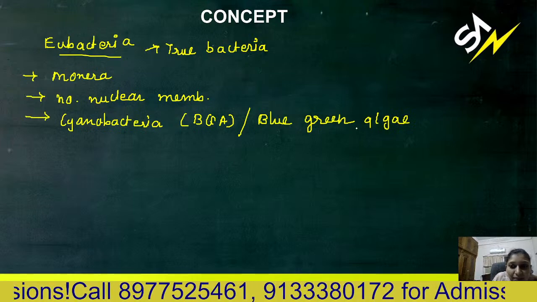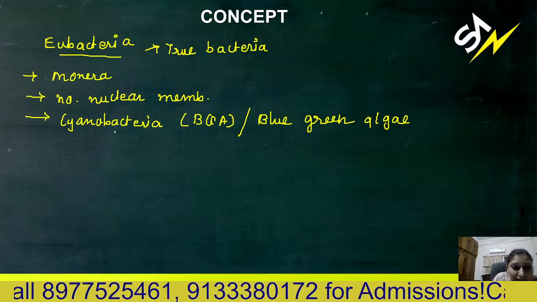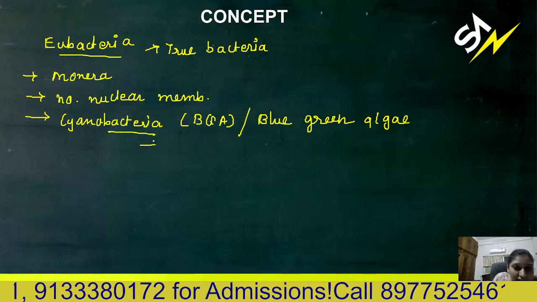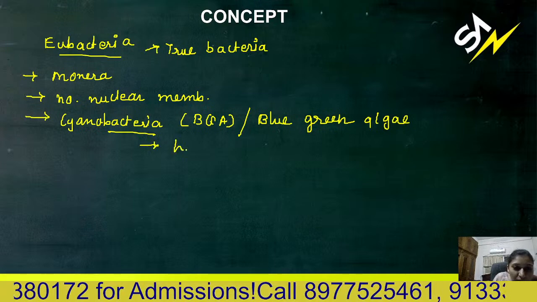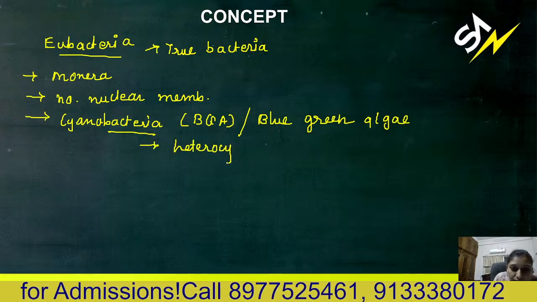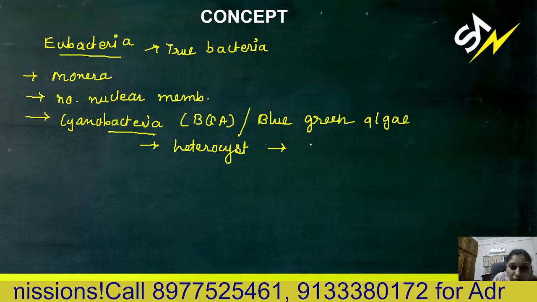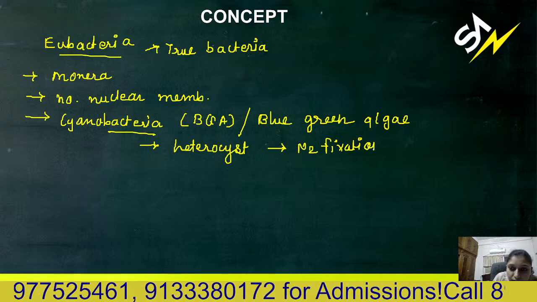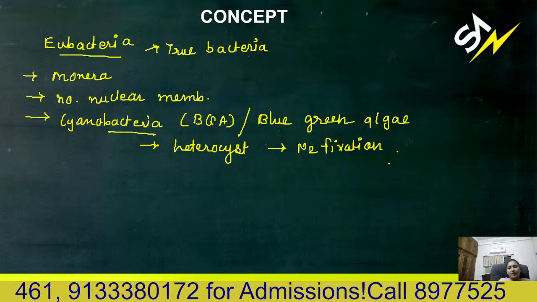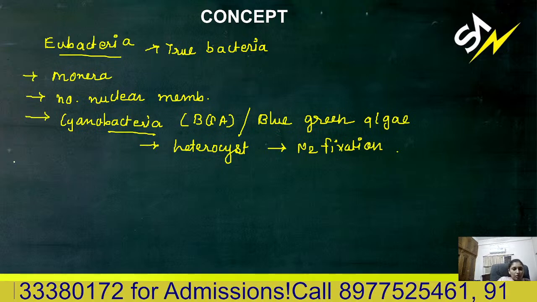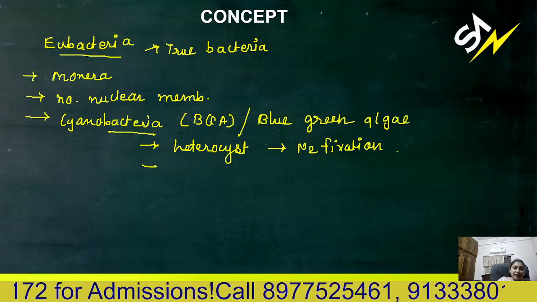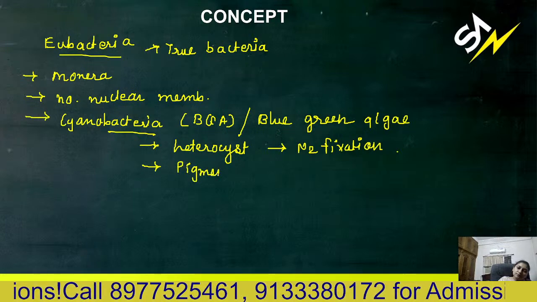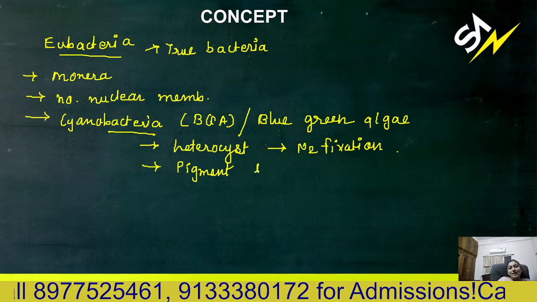See, they are known as algae, but not actually eukaryotes. They are bacteria only, so part of Monera only. In cyanobacteria, they form a gelatinous sheath and heterocysts. They can fix nitrogen. They can carry out nitrogen fixation. They have chlorophyll, or you can say pigment just like the plants.